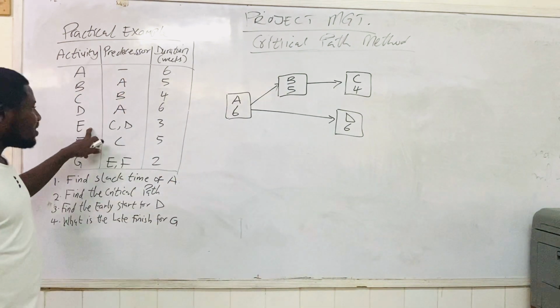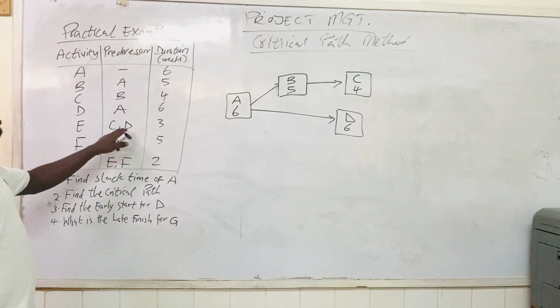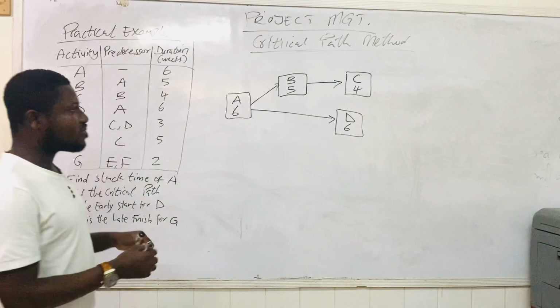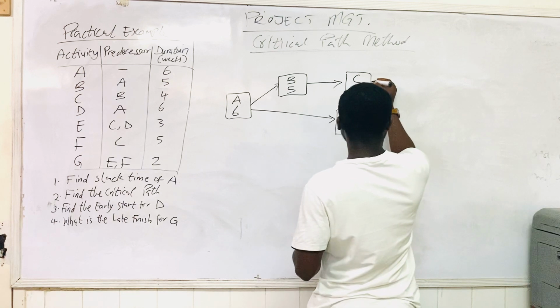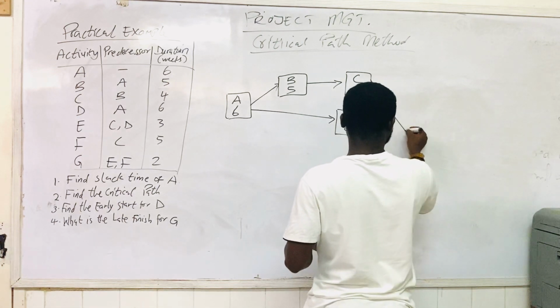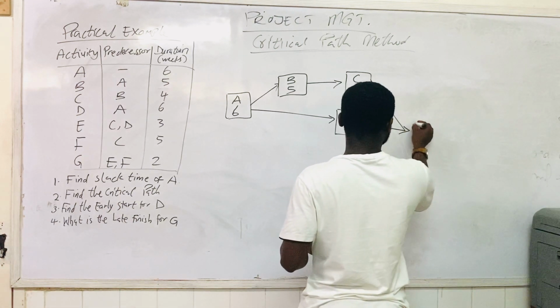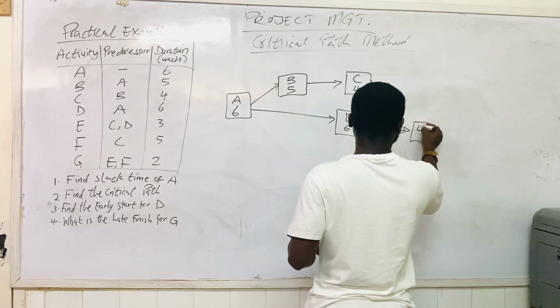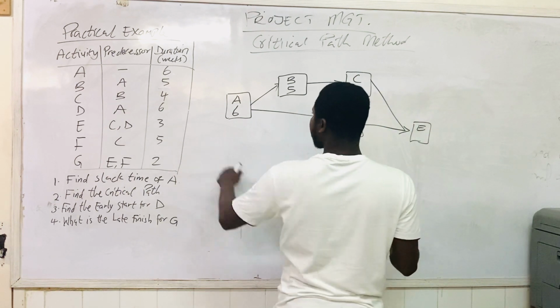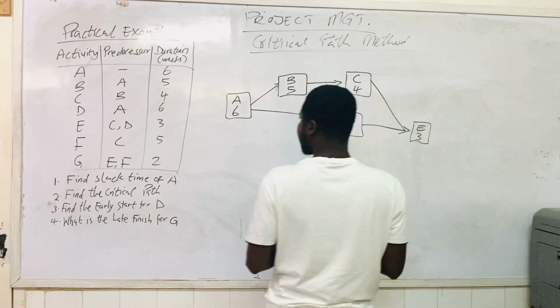And then we have activity E, whose predecessor is D and C. So we have activity E here. That is 3 weeks, finishing in 3 weeks.